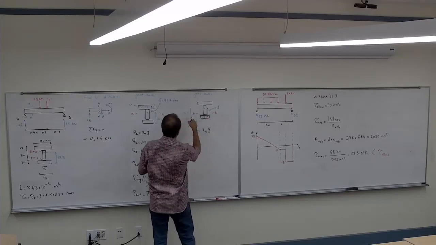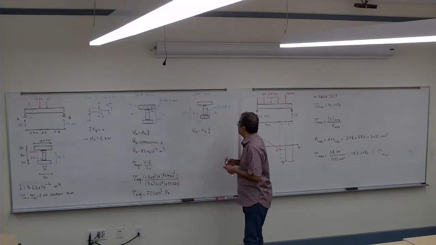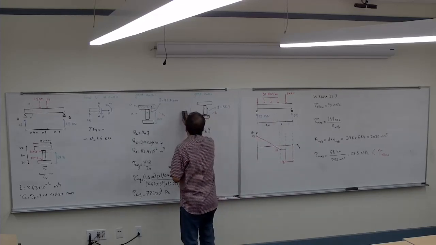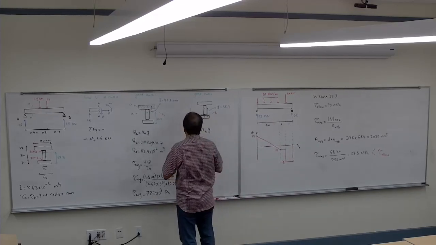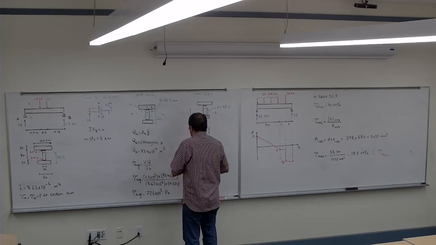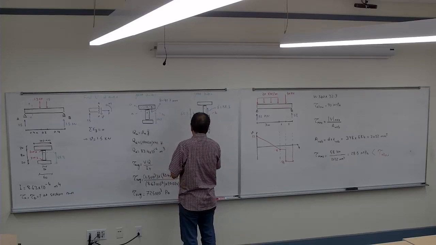So this is 68.3 minus 58.3, correct? So the Q at B would be the area of that bottom part.